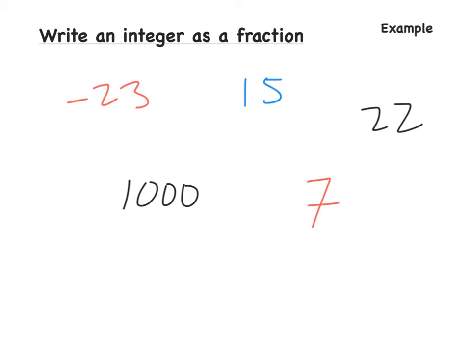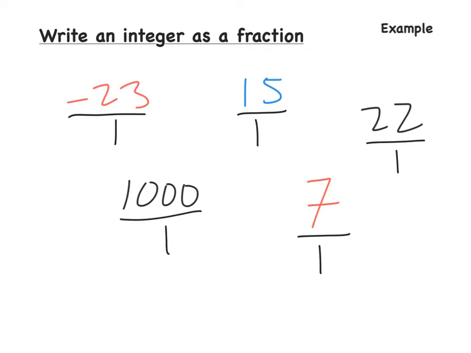So how do we write an integer as a fraction? Remember, an integer is just basically any number that is on the number line. This is the easiest thing that I can teach you. How do you write an integer as a fraction? Well, if we have negative 23, you put negative 23 over 1. 15 over 1. 22 over 1. 7 over 1. 1,000 over 1.